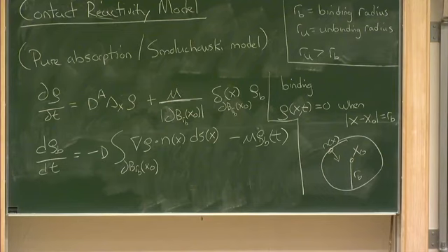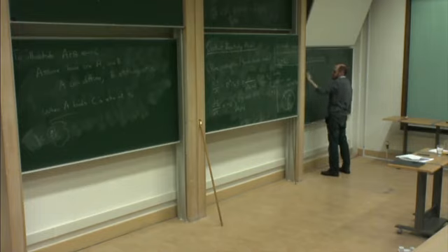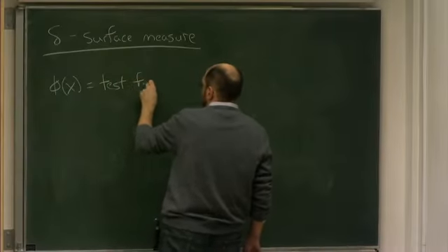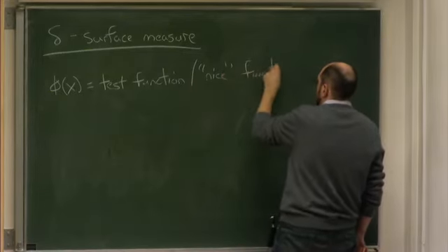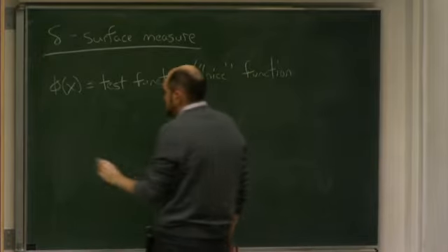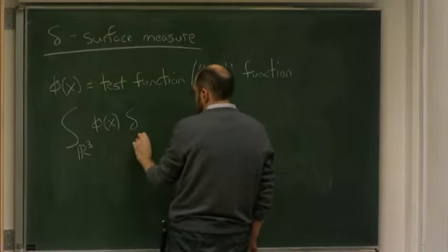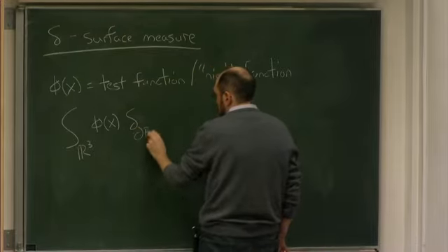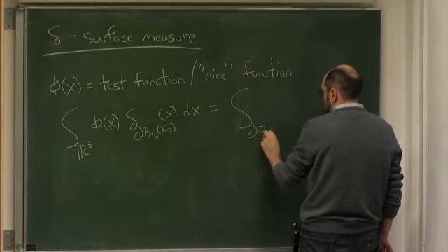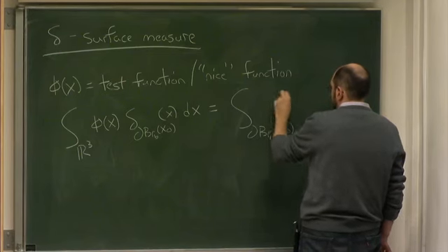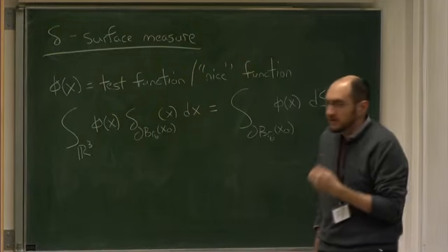So a delta surface measure: if phi is a test function, so it's just a nice function, sufficiently smooth, then we define formally that the integral over R3 of phi of x times my delta surface measure just turns into the integral over the surface. Does that make sense to everybody?